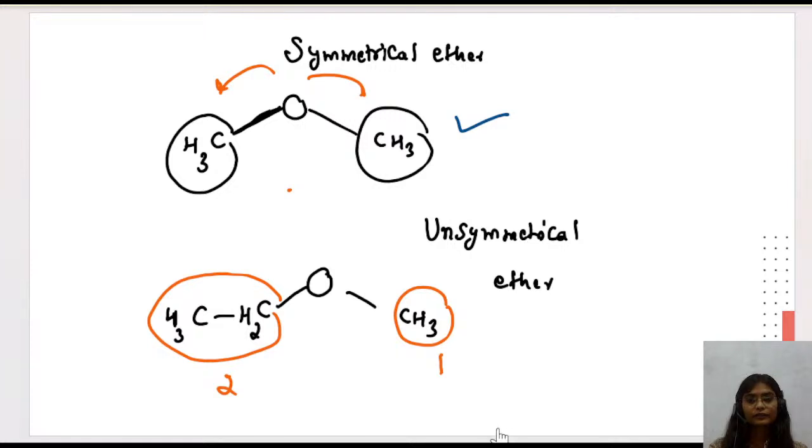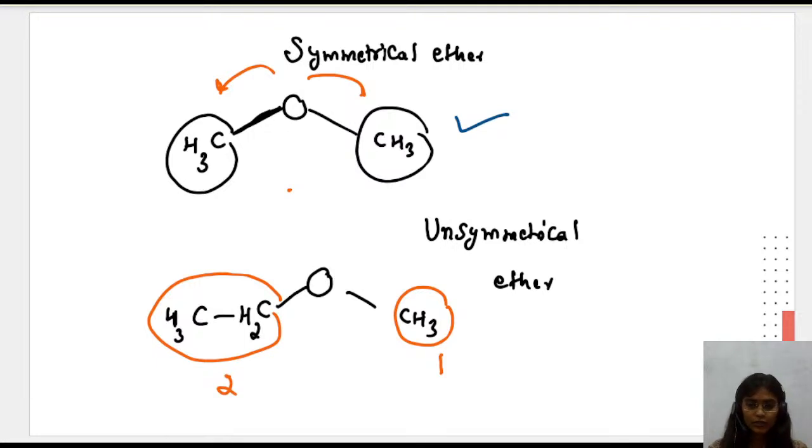Methoxymethane. Okay. Methoxymethane or methoxyethane. Okay, Shiva. Okay, so yes, very good.